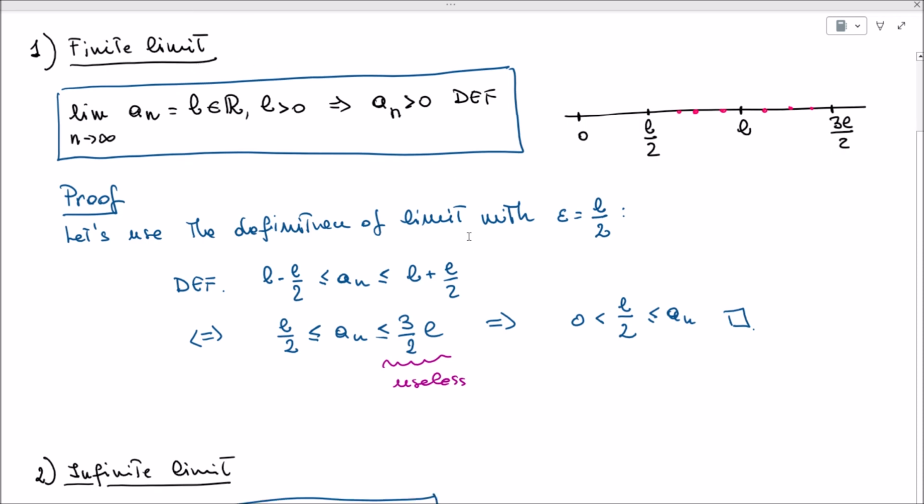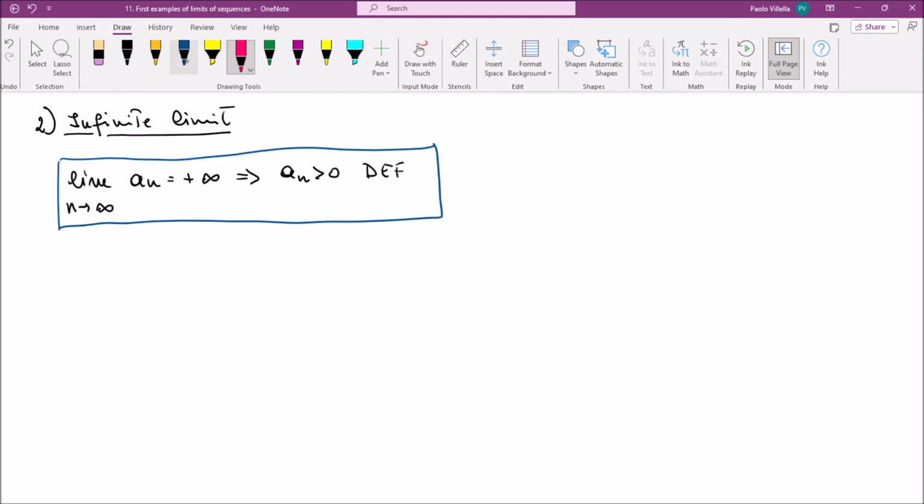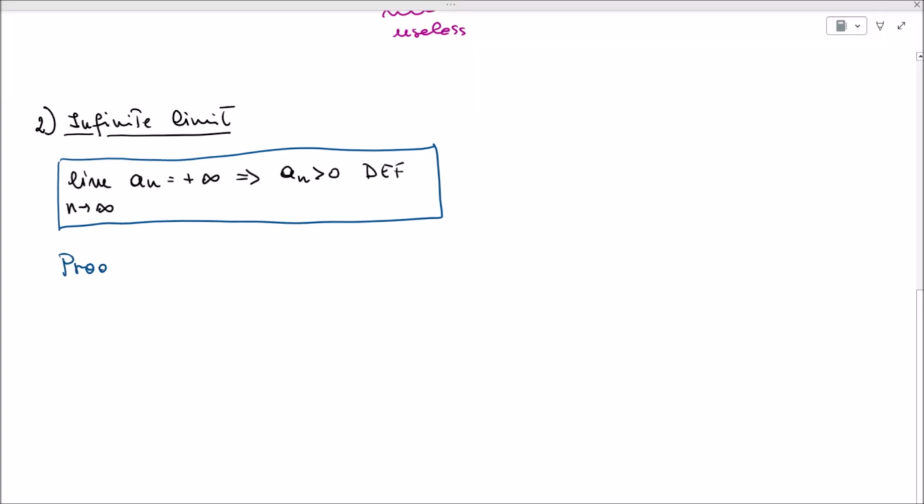Let's now pass to the other statement of the theorem, and let's give a proof of this other statement. Again, we will be using the definition of a divergent sequence to plus infinity. We know that for any possible large positive barrier that we give, there will be elements of the sequence that will exceed this barrier.